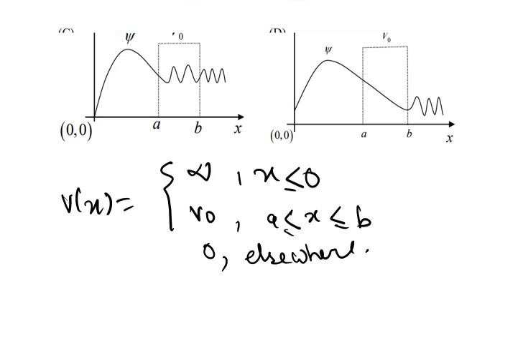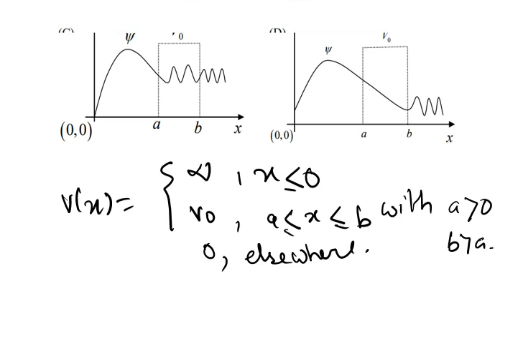Right, it is given with a greater than 0 and b greater than a. The particle energy E is less than V0. We are to determine which of the following wave functions from a to b is correct.